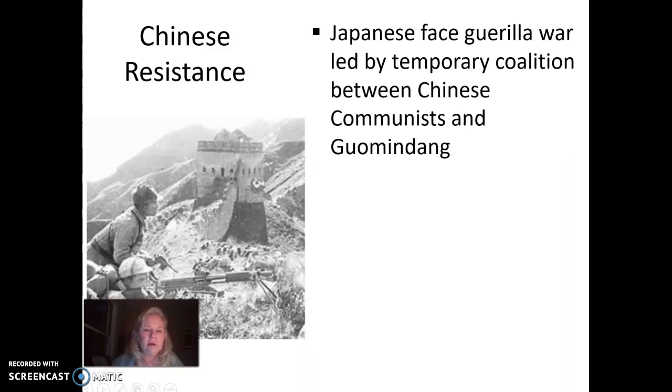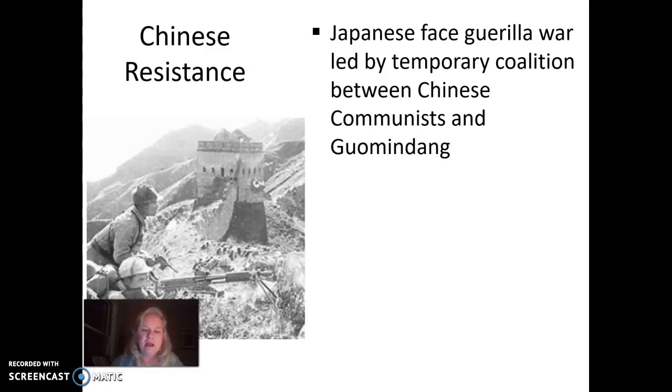Remember, the Chinese had not really industrialized the way that Japan had. They tried to procure some Western weapons, but they had been so dominated by European spheres of influence that they had really not been able to industrialize on a large scale or build up a massive weaponry. Now, remember, we had the Chinese communists under Mao Zedong and the Guomindang at this time under Chiang Kai-shek.